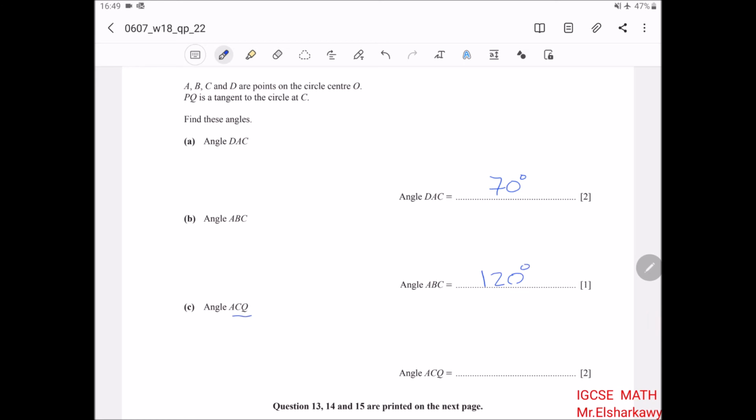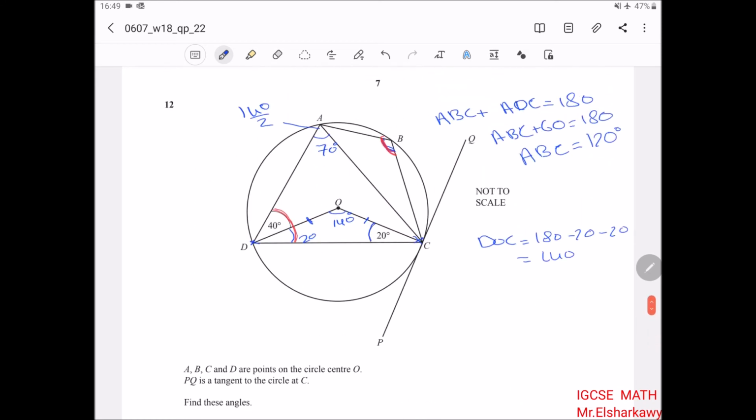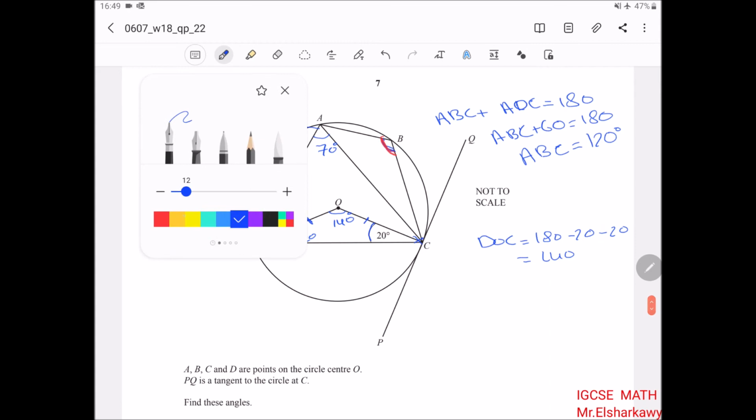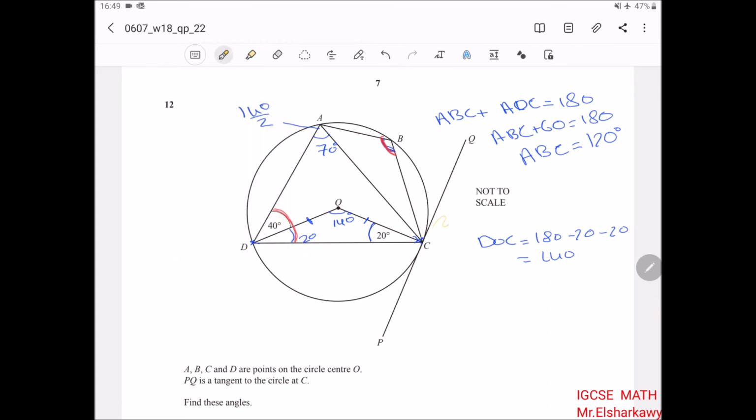We want angle ACQ. Angle ACQ is this one over here. This is an angle between a tangent and a chord in a circle.